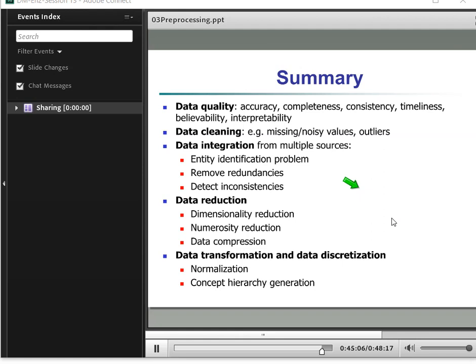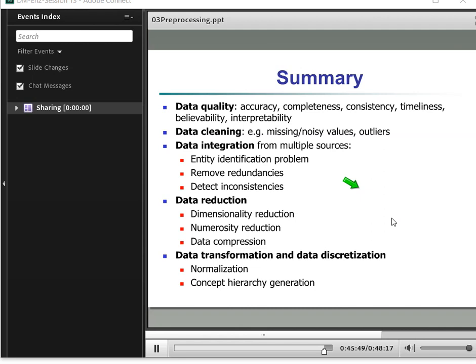So we are applying pre-processing steps to make our data simpler than before, just this, by removing irrelevant data, by removing noisy data, by removing outliers, by integrating data, by compressing, by reducing features, sometimes reducing the total number of information, and so on.